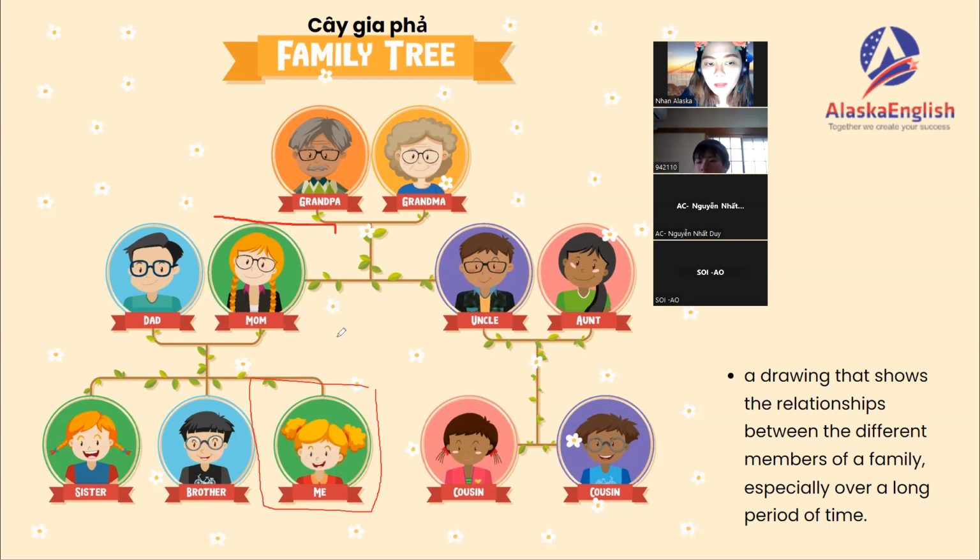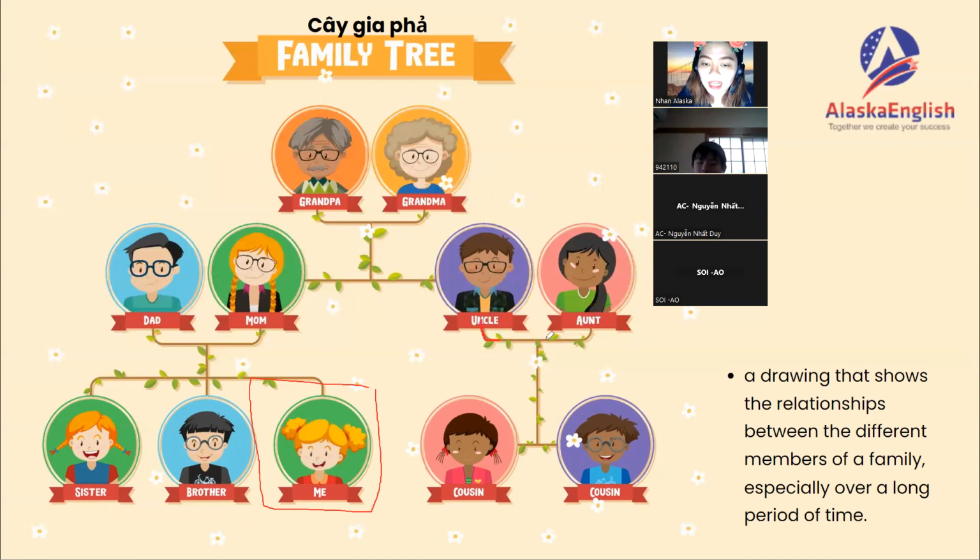Now, from your mom, your mom has one brother. Your mom's brother, you call him uncle. He is your uncle, right? Uncle's wife, you call her aunt.